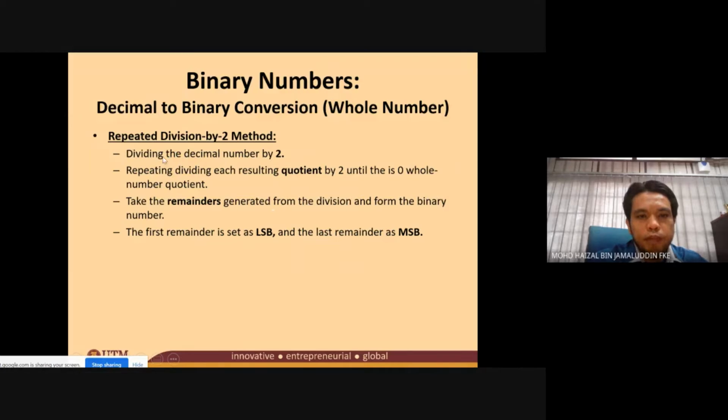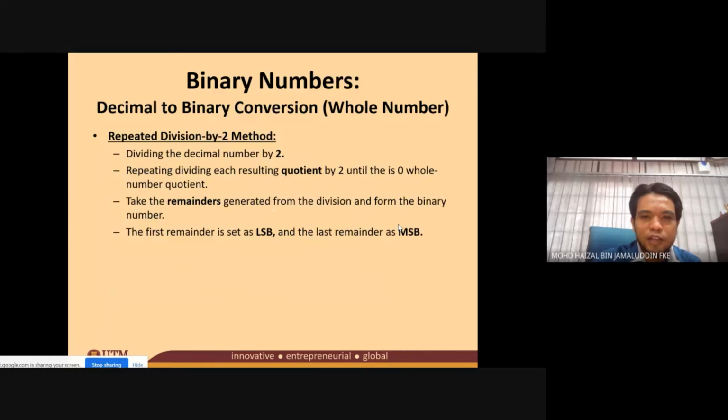First step, divide the decimal number by 2, repeatedly dividing the resulting quotient by 2 until you get a 0 whole number quotient. Take the remainders generated from the divisions and form the binary number. The first remainder is set as the LSB and the last remainder as the MSB. So never mind, this is just the process.